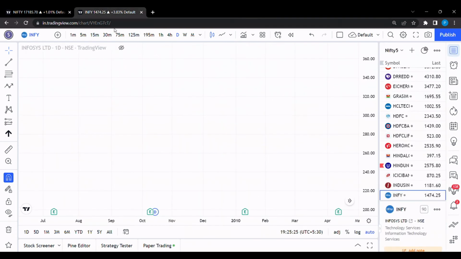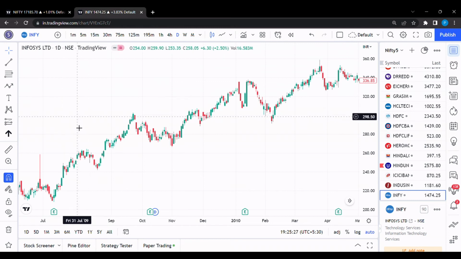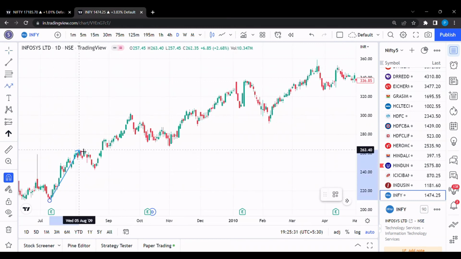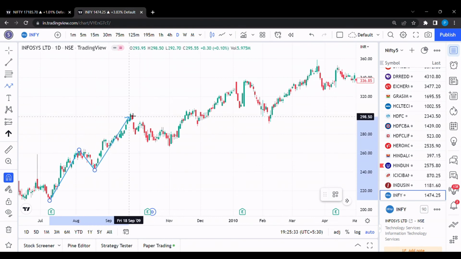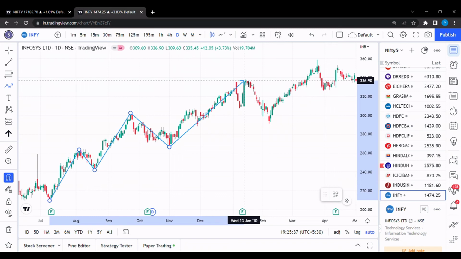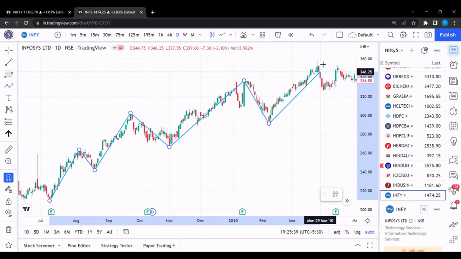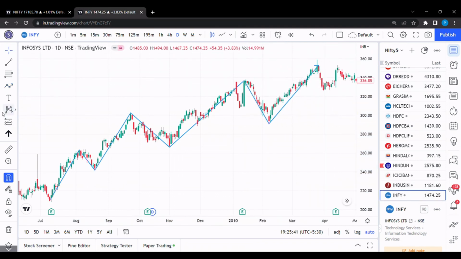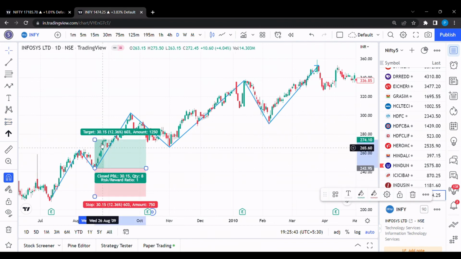Now, if you see this Infosys chart, again we can quickly mark. This was high, this was higher low, this was higher high, this was higher low, this was high, this was higher low, like this. And where to make entries? In the dips.